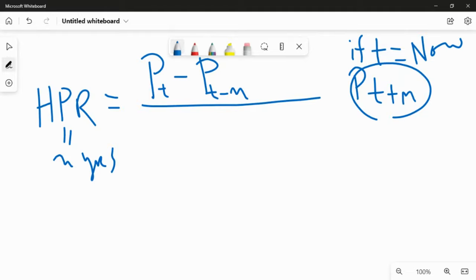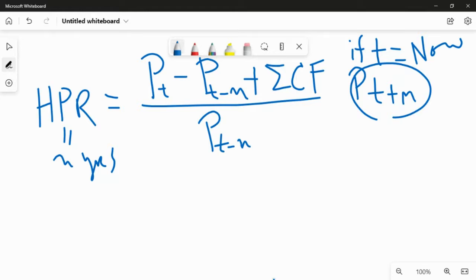That's more realistic because you have the data. You have price at time t, price at time t minus 1, price at time t minus 2, and so on. You have the data all the way from time t minus n to present, which is time t. And then you have all the cash flow during those n years. Okay? So this way you can find the holding period return.